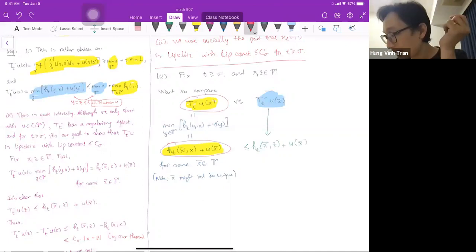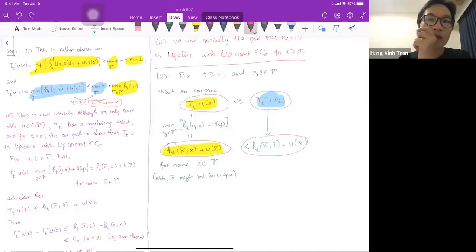On the other hand, T_t^-(u)(z) is less than or equal to this one. I'm purposely plugging in the same x bar so that I can eliminate u(x bar), because u is only continuous, so I don't want to deal with its regularity. h_t has better regularity, so I'm using it.